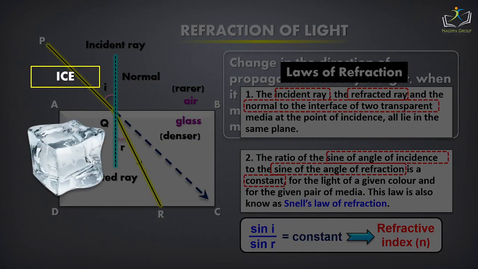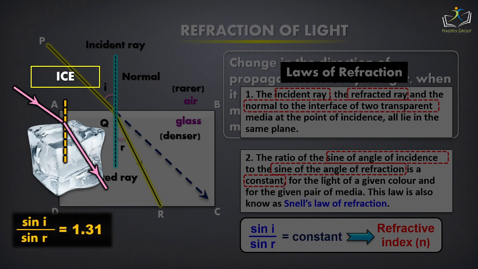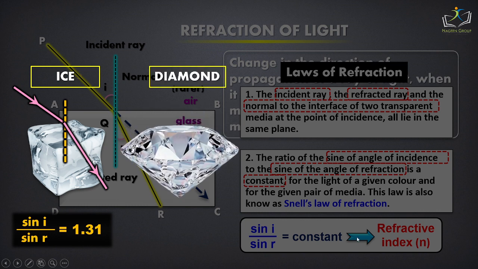Now, let's consider water. We consider the normal here. A ray of light is incident on it and gets refracted. So here sin i by sin r equals 1.31. What is this 1.31? This is called the refractive index.